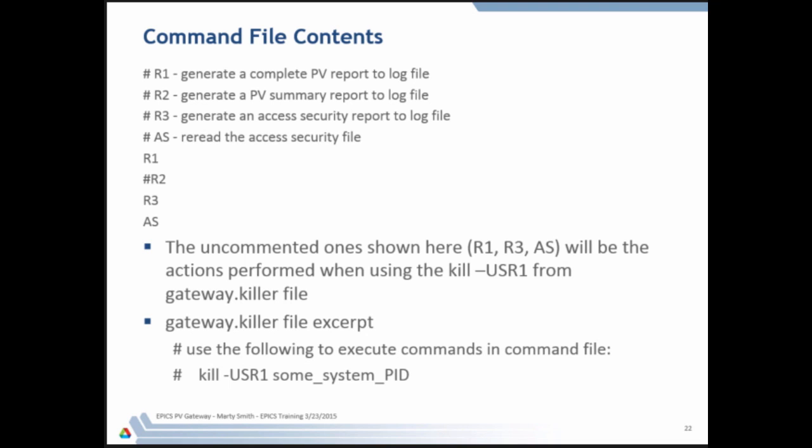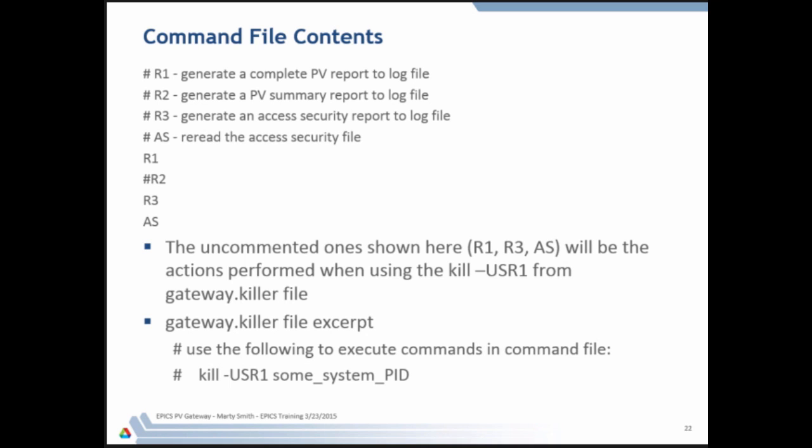So the uncommented ones, like I said here, will be the actions performed when using the kill minus USR1 from the gateway.killer file. This is what part of the gateway.killer file would look like. Commented out, you'd see kill minus USR1, and then the system process ID of the PV gateway.